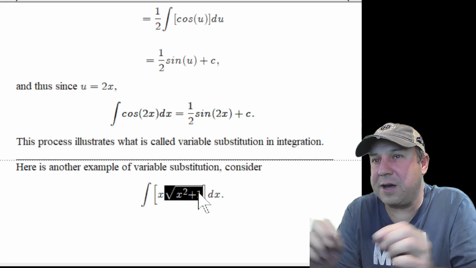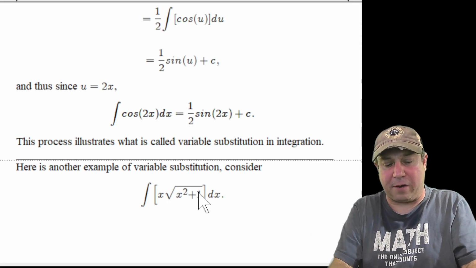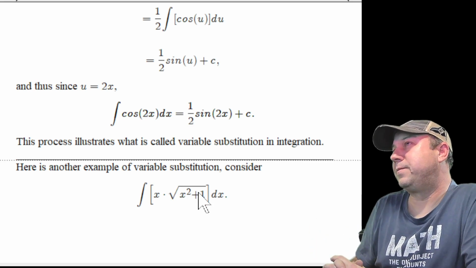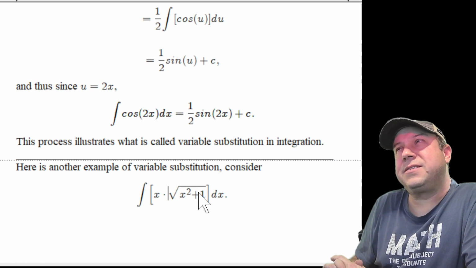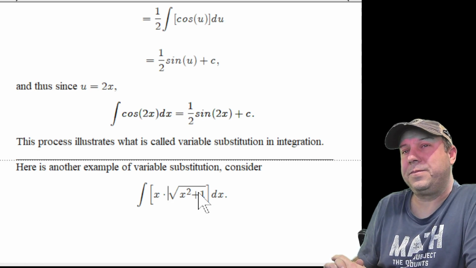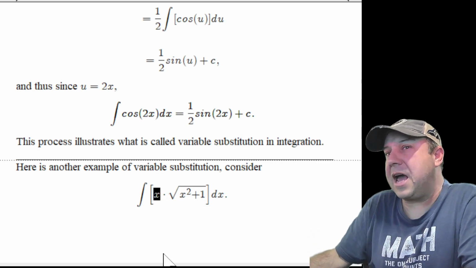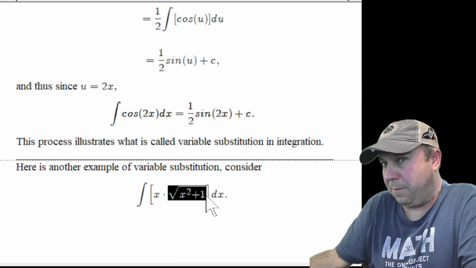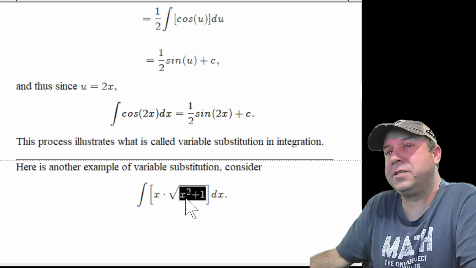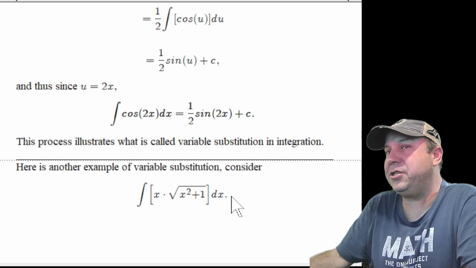And we're forming a composition with those two functions. And that is being multiplied out in front by this other factor of x, where that x is necessary to finish this integral. What you'll notice is that x is actually a multiple for the derivative of this interior function x squared plus 1. And that's going to be important in this calculation.